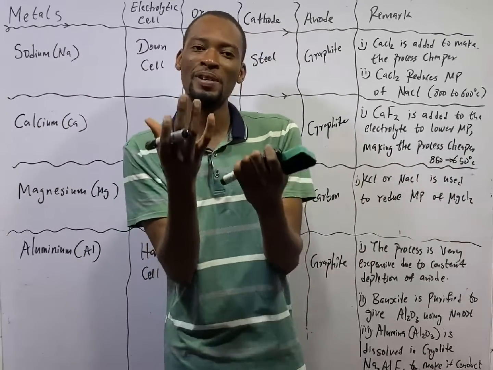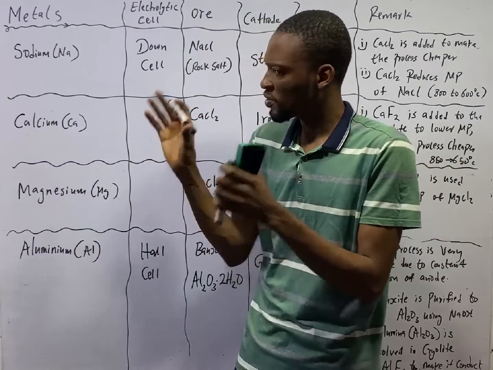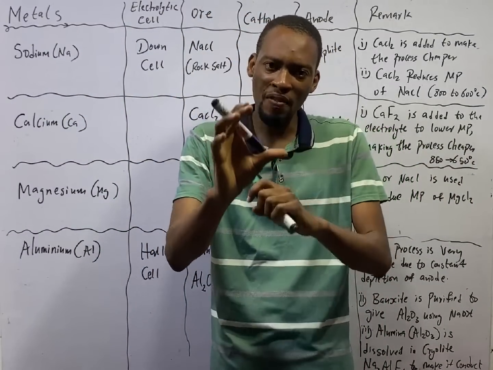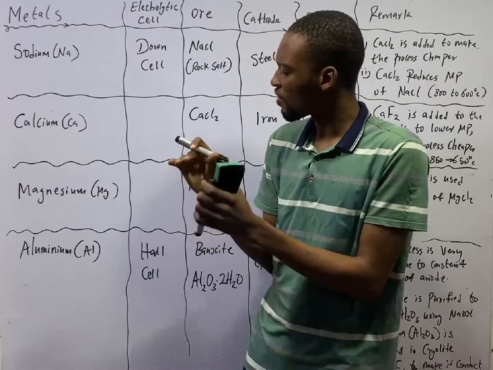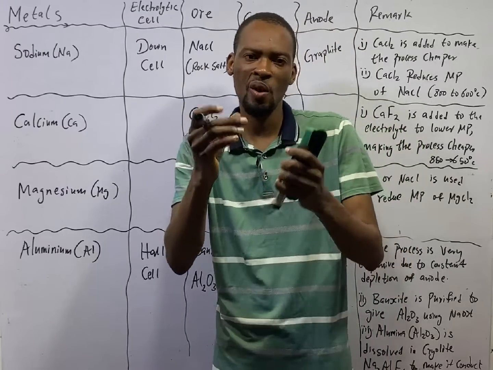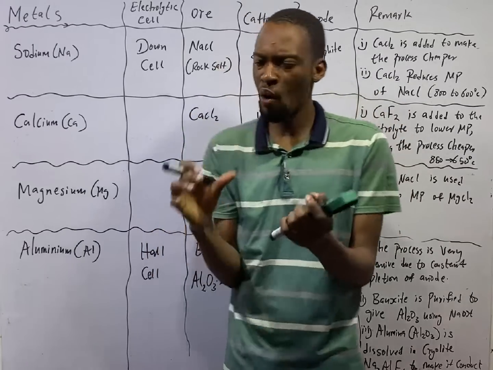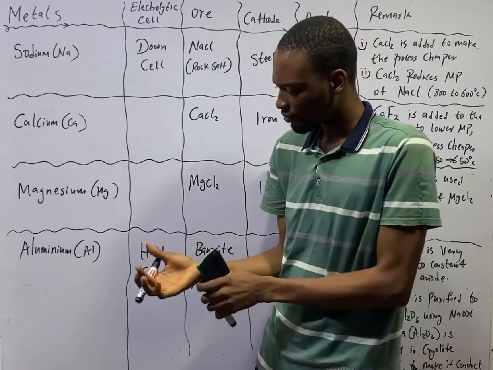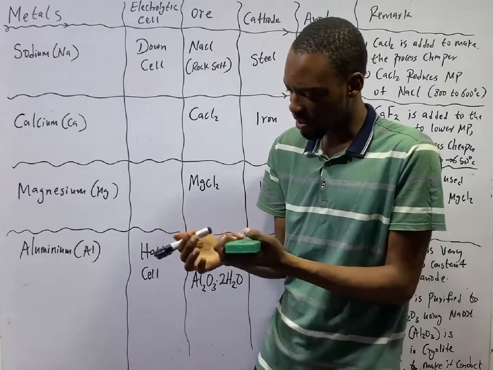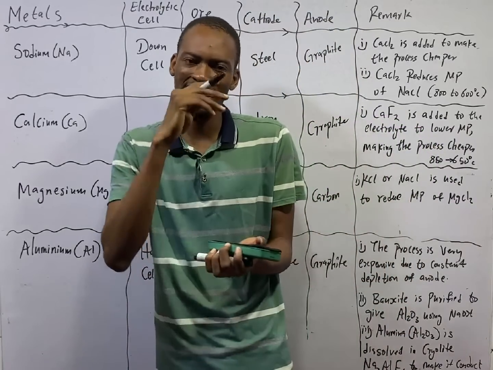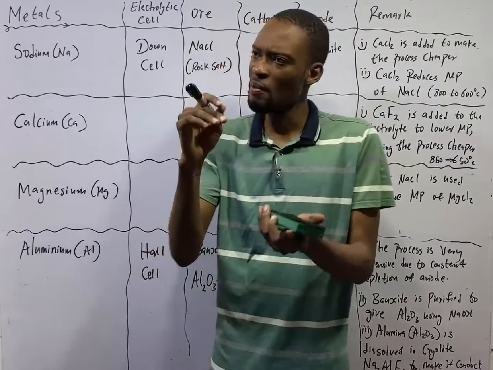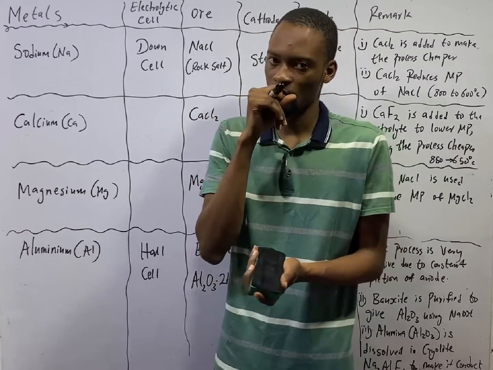We've been able to establish that the methods of extraction of metals depend on their position in the series, or how reactive they are. And we are also able to establish that the most reactive metals are extracted by electrolysis.